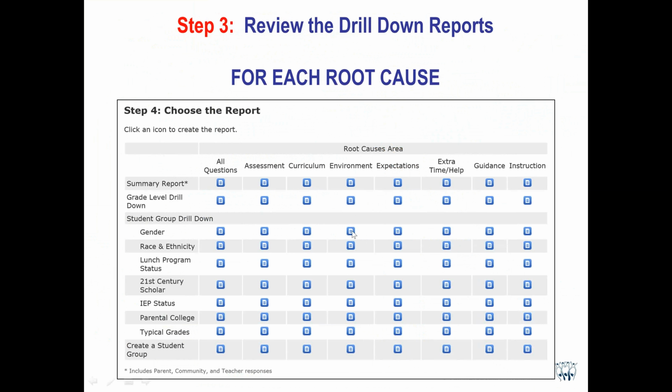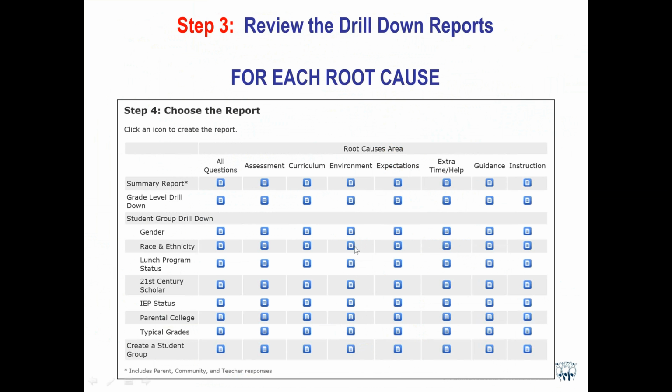Then look at the gender report. Is it more boys or girls, or is it across the board? Race and ethnicity, lunch program status, 21st century scholars, IEP or special ed, parental college, typical grades. I always find this report very, very interesting. And then you can also create your own student group to look at if you'd like.